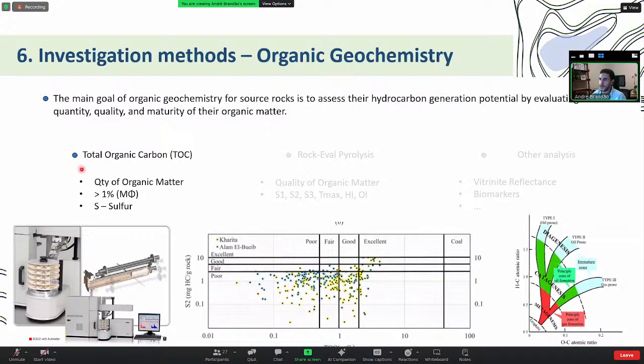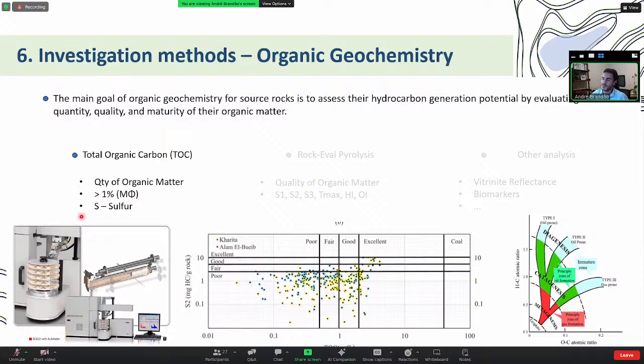This is total organic carbon. In this case, we have a rock sample, we crush it, and we put some acid to remove the inorganic carbon, and we put it in this equipment, and we start a combustion. And this equipment will measure the amount of CO2 that it is capable of generating in this combustion.